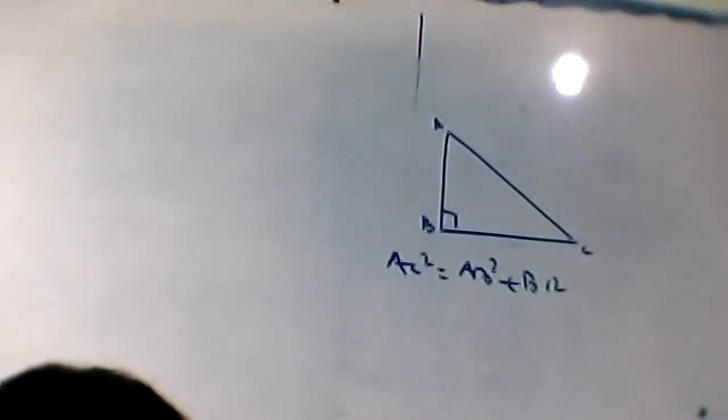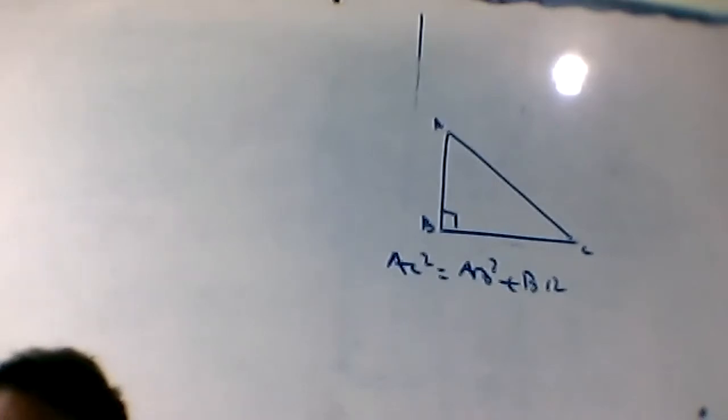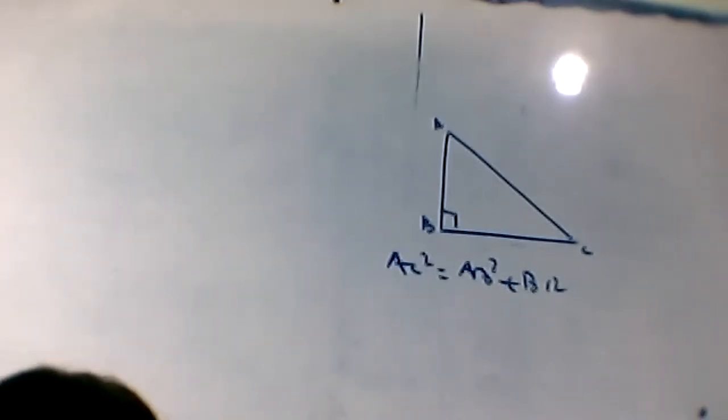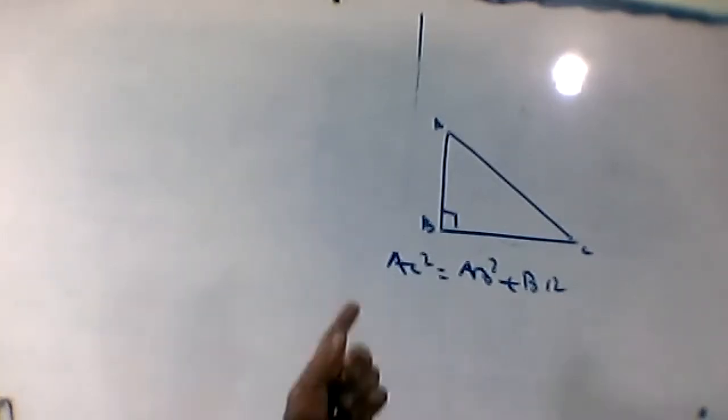Theorem again. In a right triangle, the square of the hypotenuse is equal to the sum of the squares of the other two sides. Draw the figure.